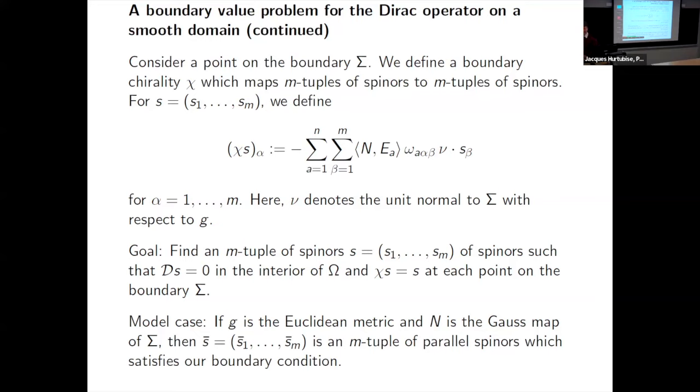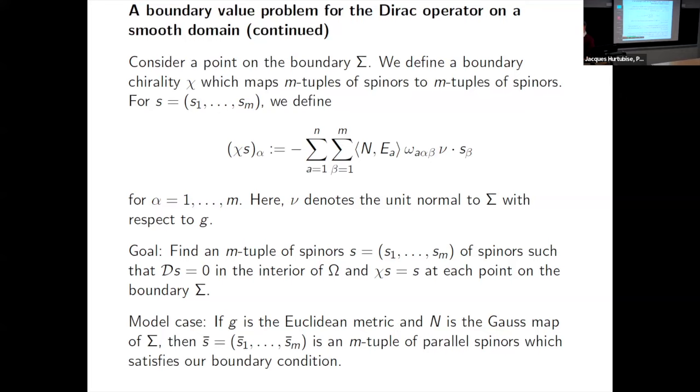This chi is what we call a chirality, so it's self-adjoint, and it has the property that chi squared is the identity. This means the bundle breaks up into the plus and minus eigenspaces, and you can use that to formulate a boundary problem: if you have an m-tuple of spinors, we want to solve the Dirac equation inside, and we want to impose the condition that the restriction of S to the boundary lies, let's say, in the +1 eigenspace of this boundary chirality chi.